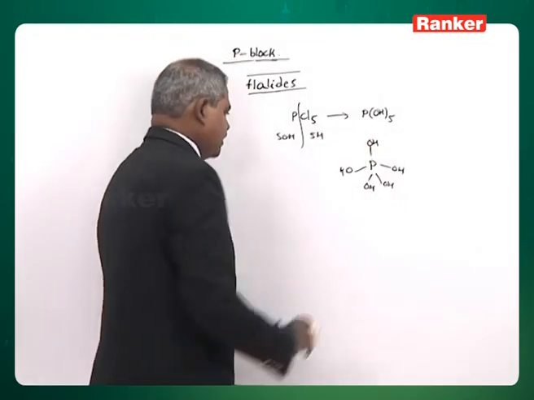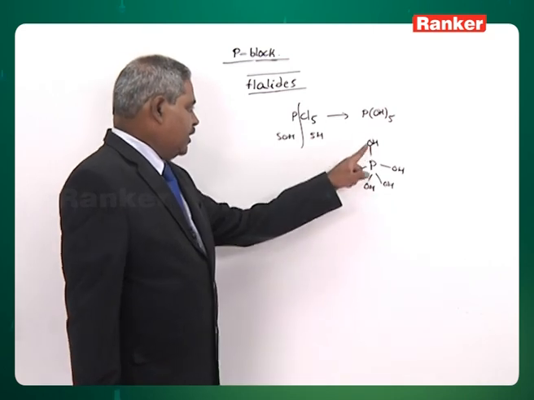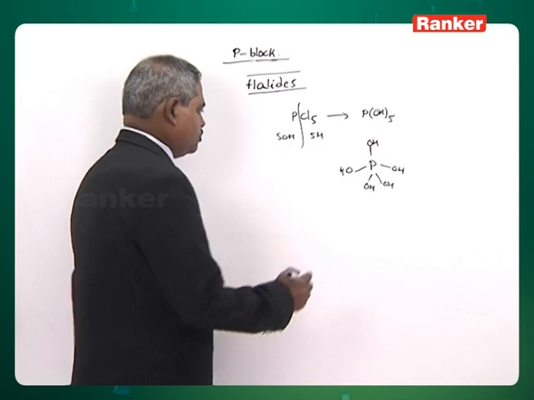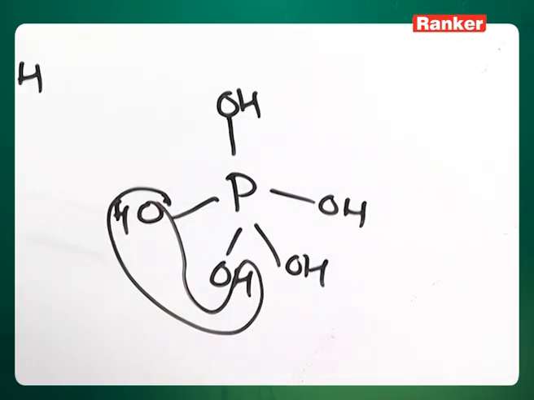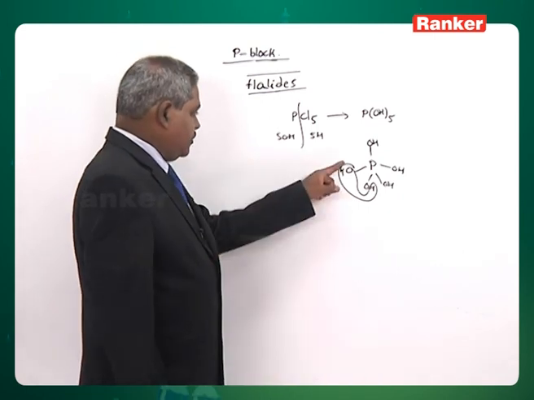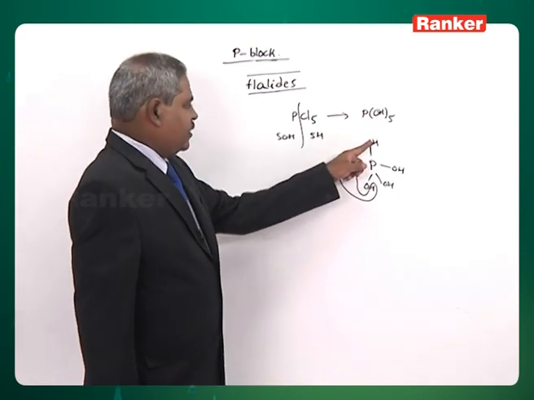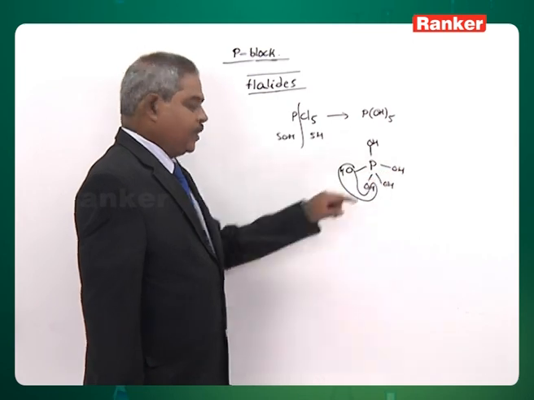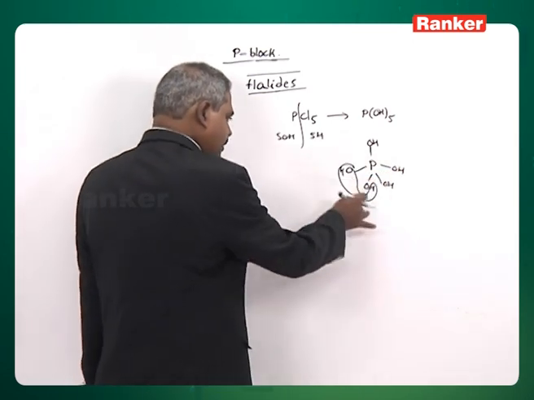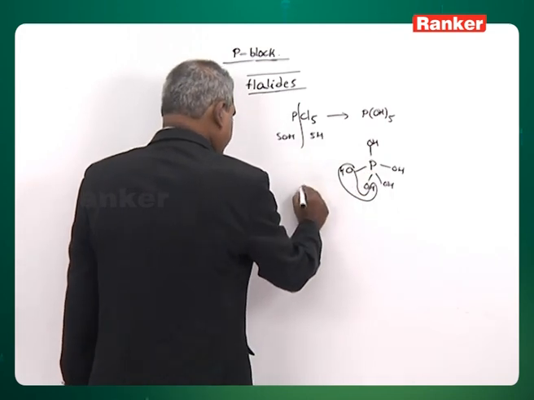What do you know about phosphorus? It can't handle more than 3 OH groups. If you remember, the maximum number of OH is only 3. Higher than 3 OH groups, there is automatic loss of water. So what do you end up getting?